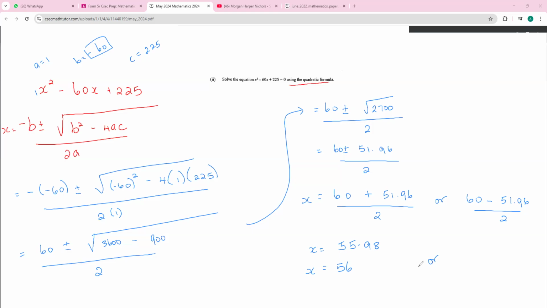And I got 4, and I rounded it off to 4. Right, so let's pause here.